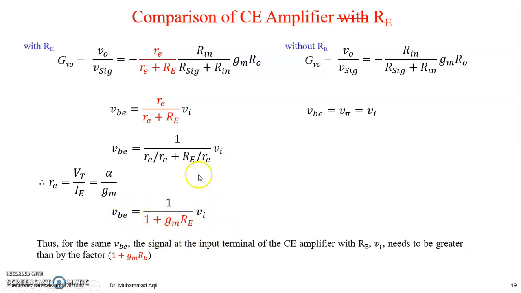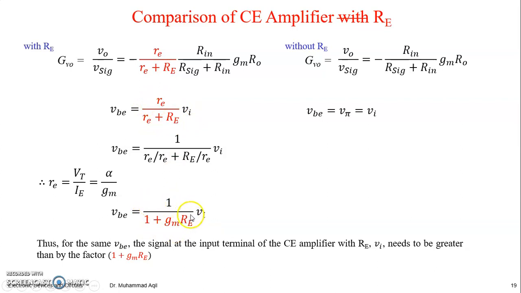It means there is a common emitter amplifier with RE, which is this one, and one without RE. In the common emitter amplifier without RE, the signal at the base to emitter, VBE, will be equal to Vin. Whereas here VBE is not equal to Vi, but it's a part of it. How much part? This much part.